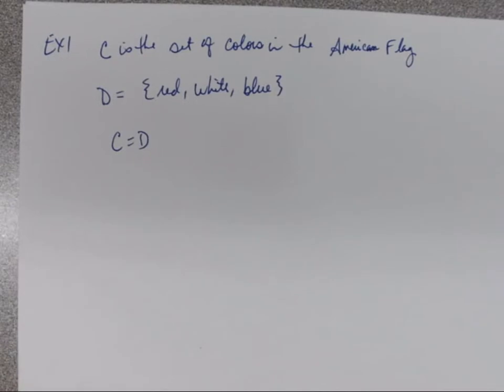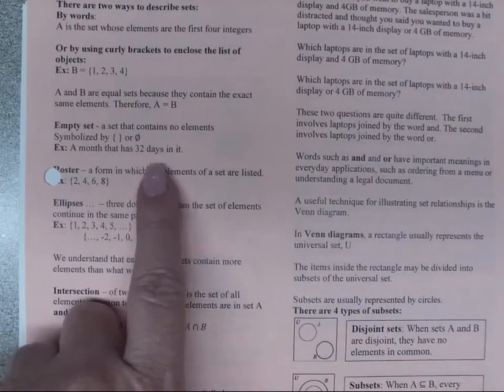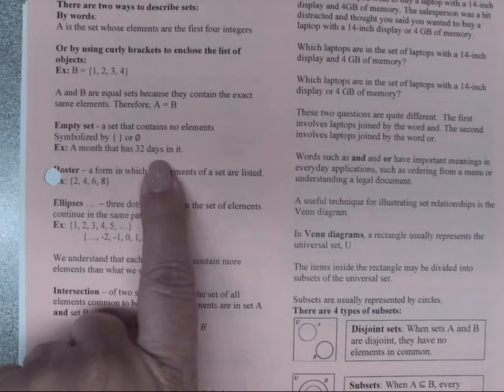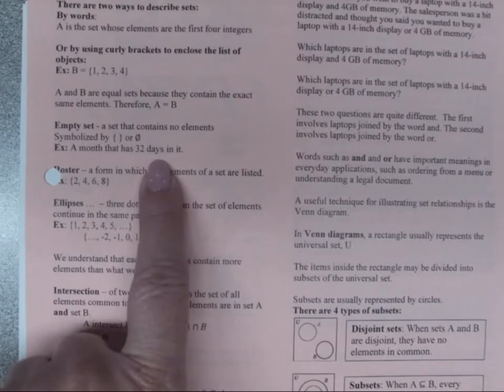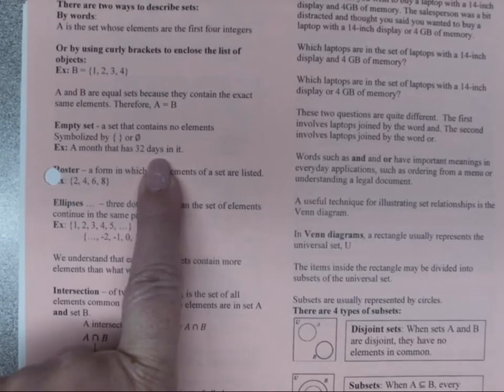Now we talked about the empty set, and remember the empty set is an empty set because there are no examples that would fulfill that. So we had the example that there were 32 days in it. Now, one of the things you have to be careful about is that if you're looking at a month that has 32 days in it, that would be a good example. You can't use an example like a month that has 22 days in it, because a lot of people think, well, every month has more than 22 days, so no, there's no month that only has 22 days.